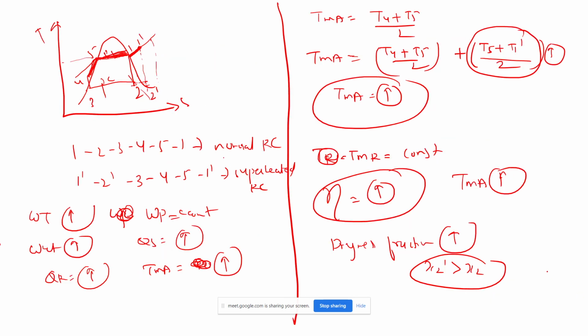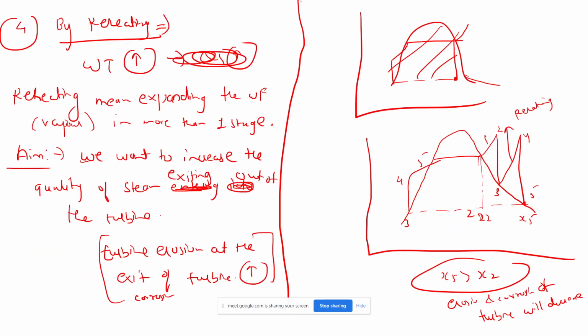Similarly here also, because the quality of the steam coming out of the turbine is improved, erosion of the turbine blade is decreased. If it is in the wet region, it consists of water particles, which can cause corrosion. But if steam is in vapor or superheated form, its damage is very much less compared to liquid water.